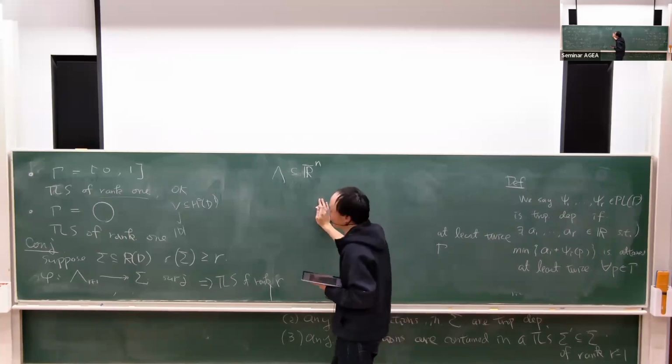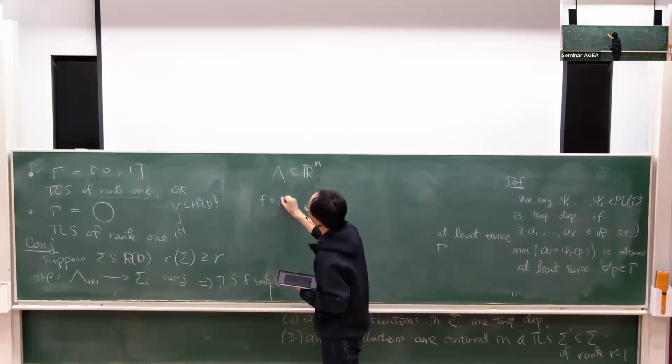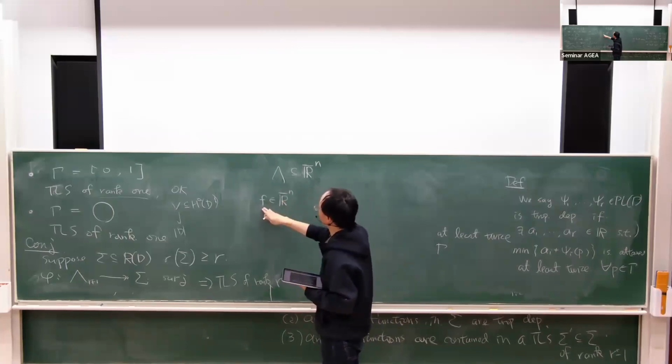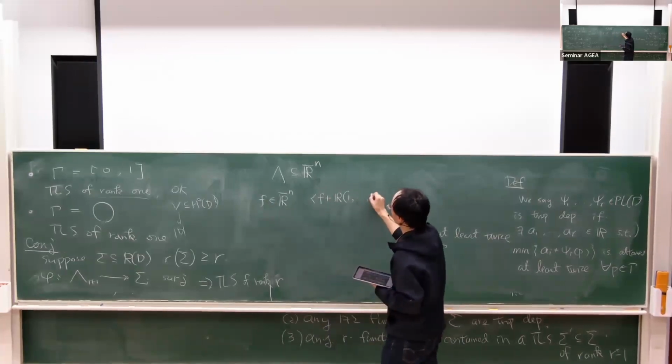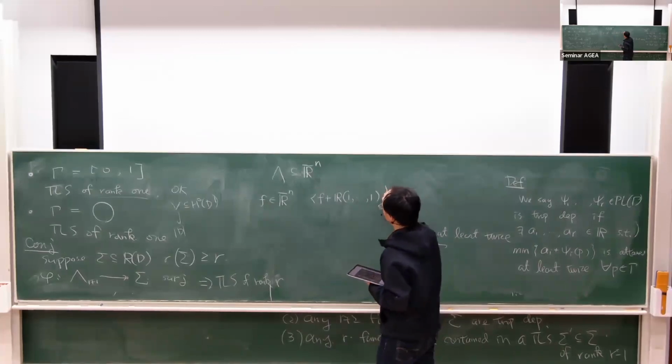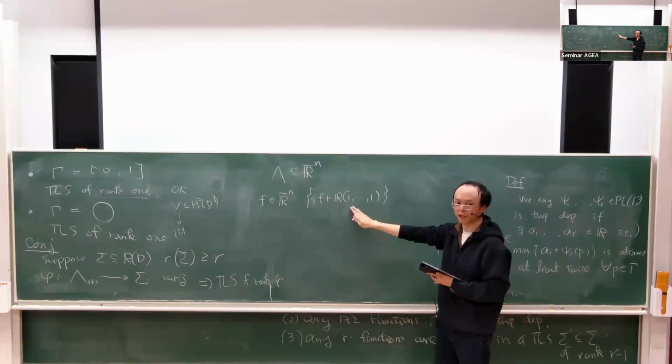You have a point, and there's a one-dimensional tropical submodule generated by this F. This is one dimensional, right?